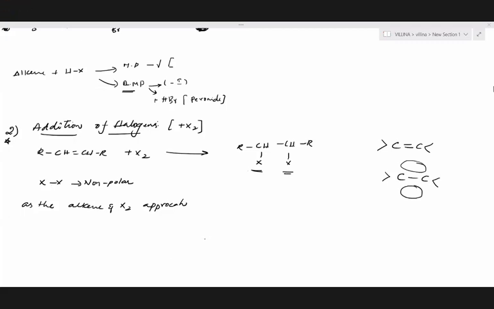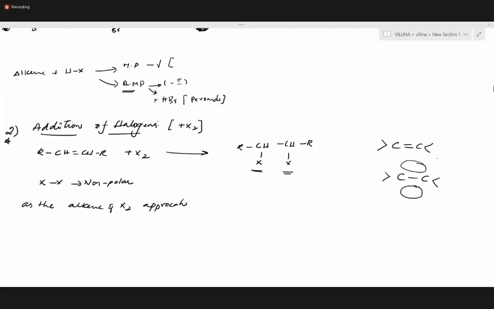In the above case, we have seen the first one was electrophilic, Markovnikov's rule, and in anti-Markovnikov's rule, the Kharasch effect, we have seen free radical mechanism. And for the addition of halogens, it will be electrophilic addition only. I will tell you how. Whether the groups added are electrophiles, nucleophiles, or free radicals is determined by the mechanism we are following. All right.